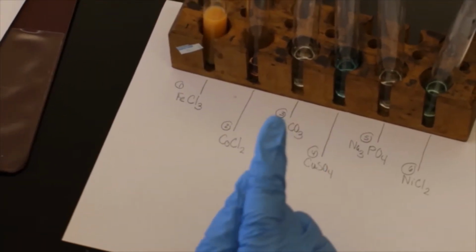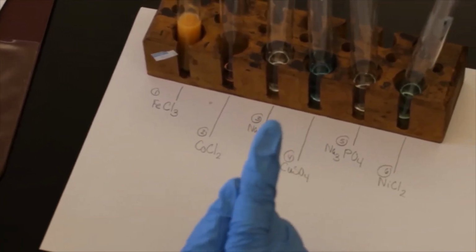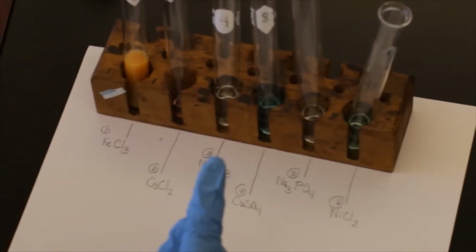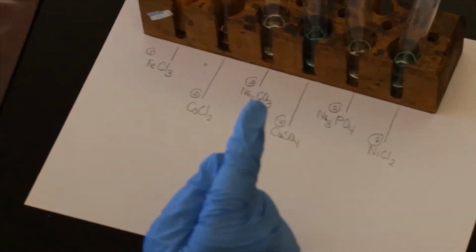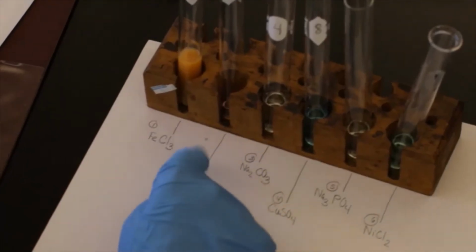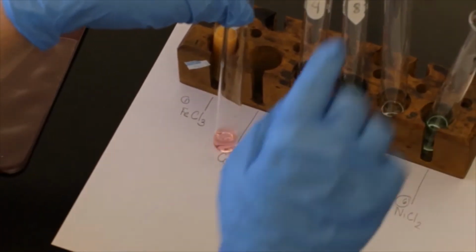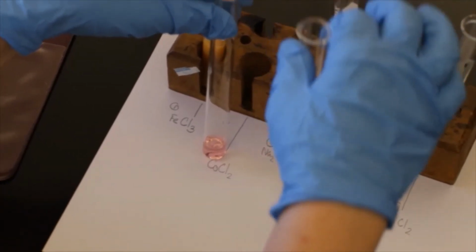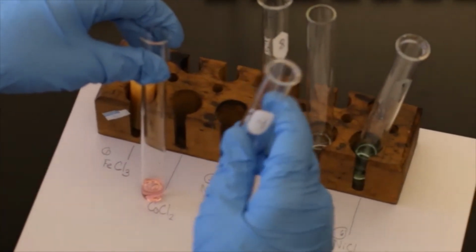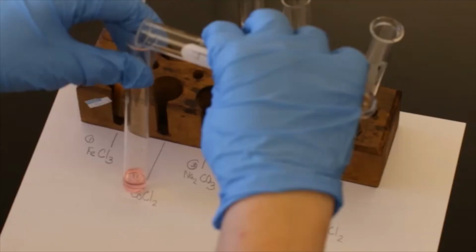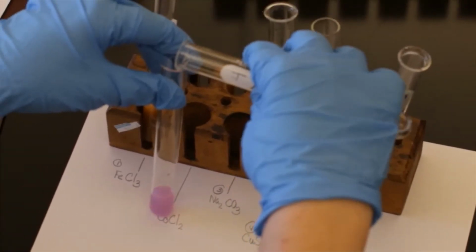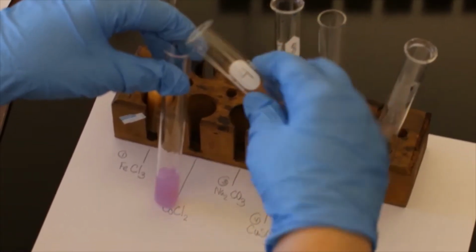Now, if we're looking at letter B, it asks us to transfer half of solution 3 into the remainder of test tube number 2. So now we're going to mix CoCl2 with Na2CO3. So we're going to take half of this and put it in here. So we're just going to go with half. Oh, and look at that. We did have a nice change.